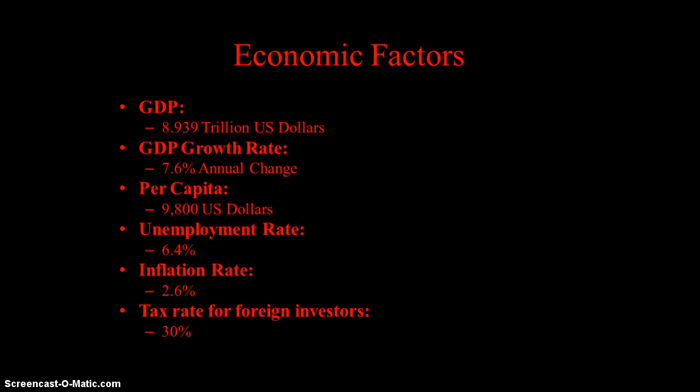Their unemployment rate is ranked 64th, and that is a 6.4% unemployment rate. As you can see, that is relatively lower than the United States unemployment rate at this time. China's inflation rate is ranked 97th on the country comparison scale, and that is 2.6% inflation. The tax rate for foreign investors in China is 30%.